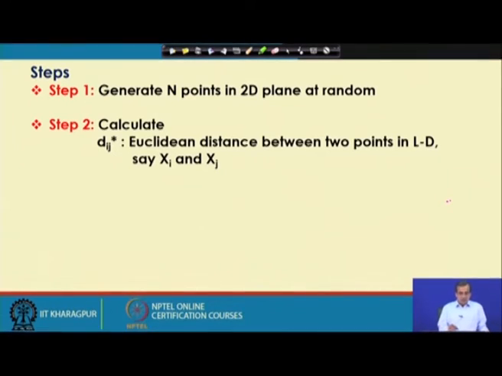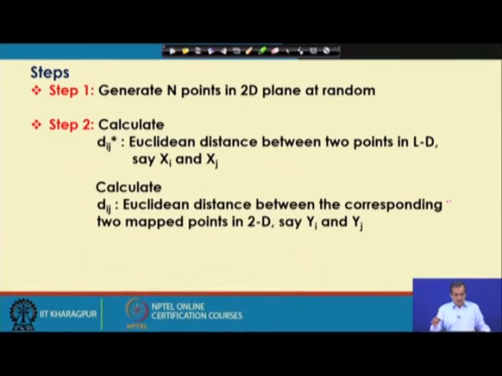Then step 2, we calculate the Euclidean distance values between 2 points in higher dimension, that is LD space. Say the points are Xi and Xj, and their Euclidean distance is d_ij star. So, d_ij star is the Euclidean distance between the two data points capital Xi and capital Xj in higher dimension, and this information is known to us.